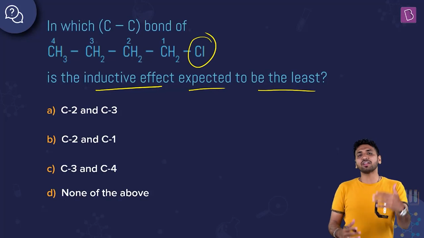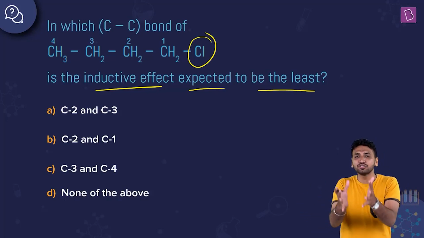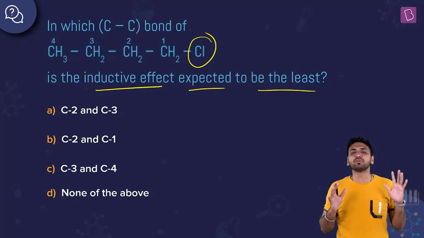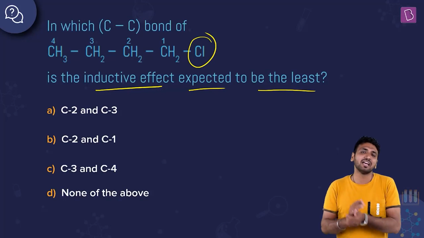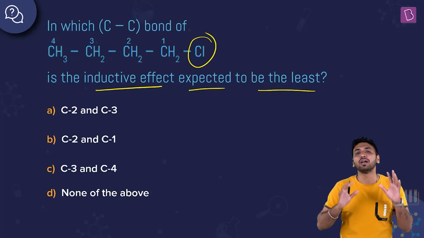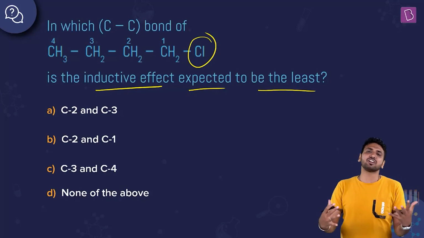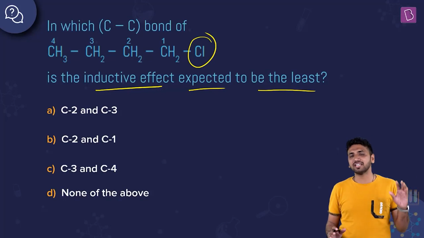So as we know, inductive effect is a distance dependent effect. As you move further away from the group which is showing the impact, which is the minus I or the plus I group, the impact is going to minimize. And in general, after the third or fourth carbon, we do not see the effect of any electron withdrawing or electron donating group, right?